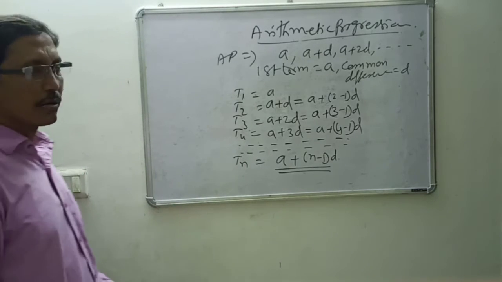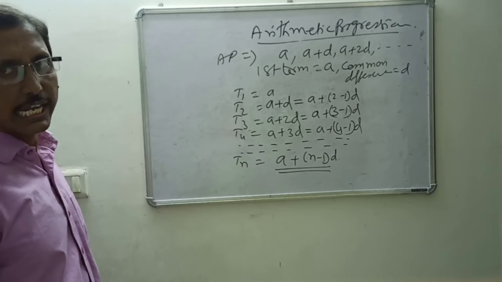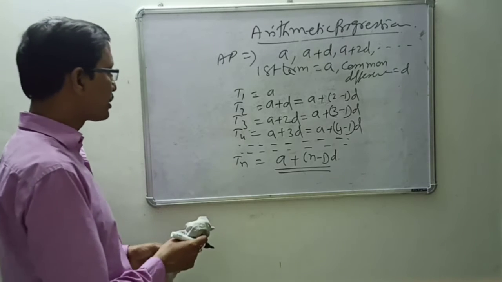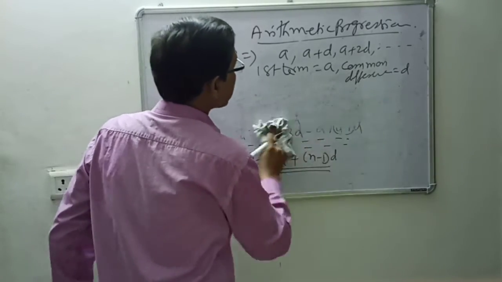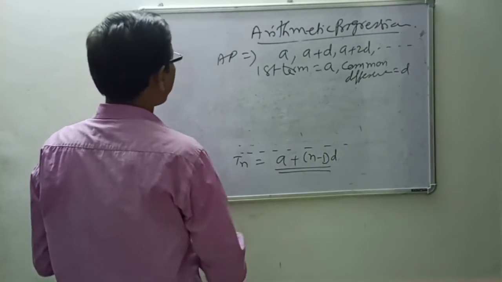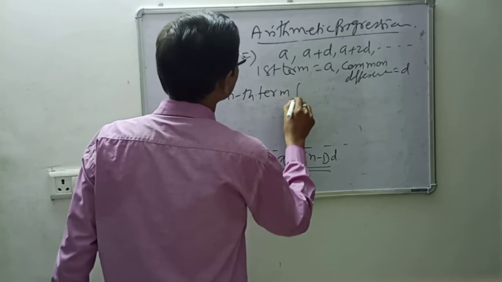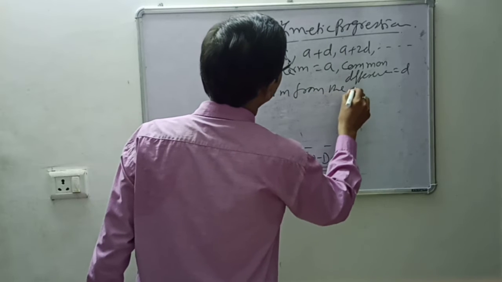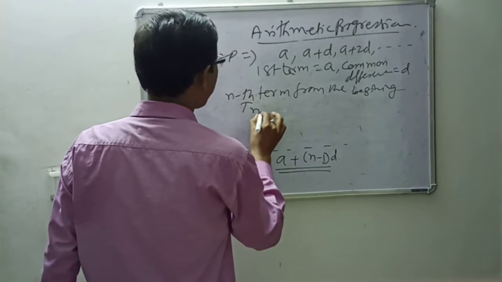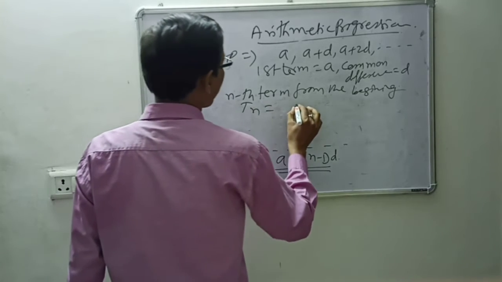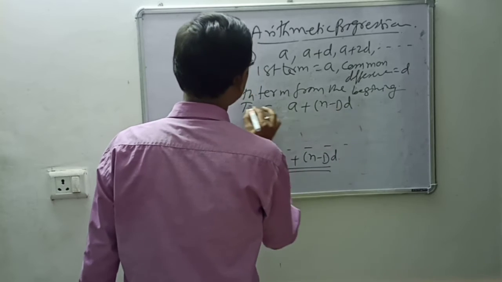So the nth term from the beginning, Tn, equals A plus (n minus 1) into D. That is the general form of the nth term from the beginning.